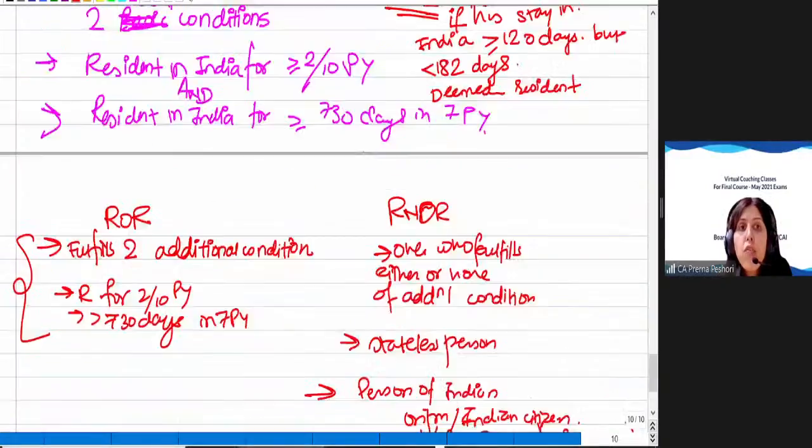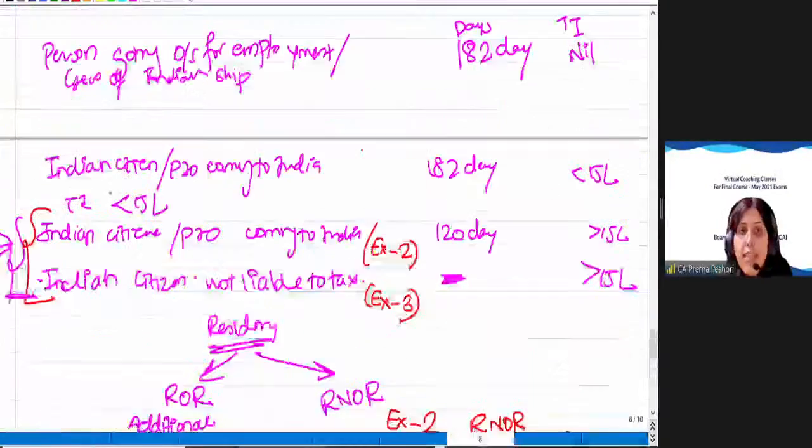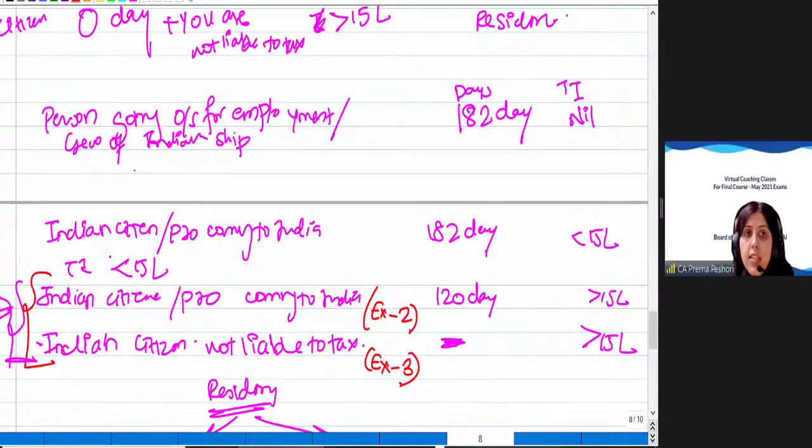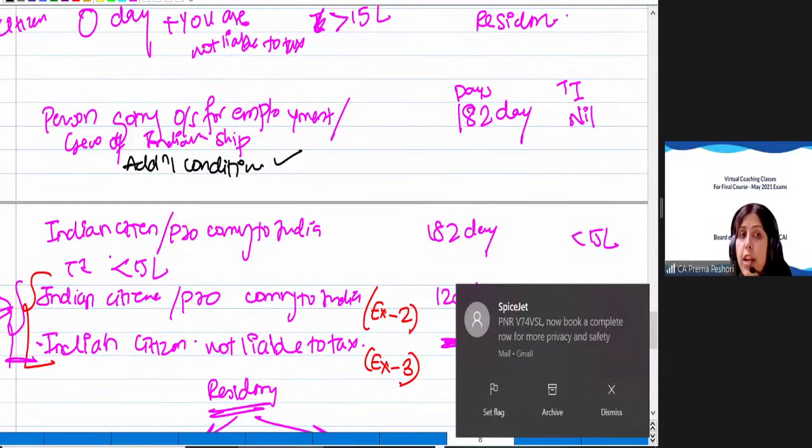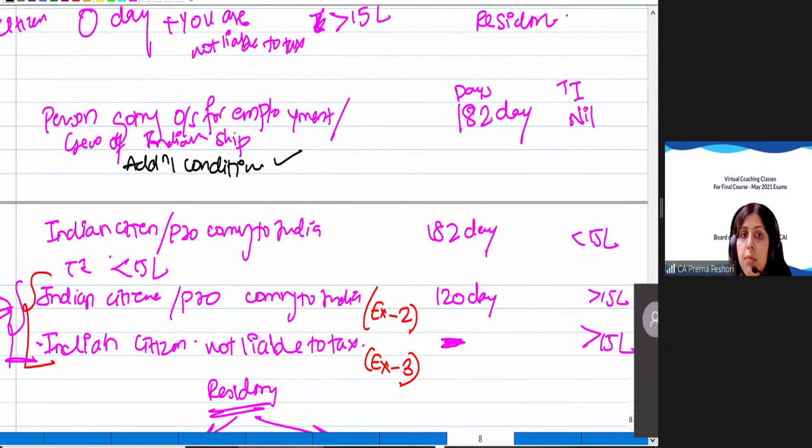Very clear? So we had written here 4 cases. For this, you will have to check additional conditions: a person going outside India for employment or a crew of an Indian ship. You also have to check for an Indian citizen or PIO coming to India if his total income is above the limit.